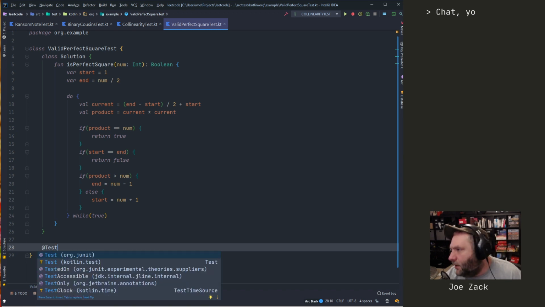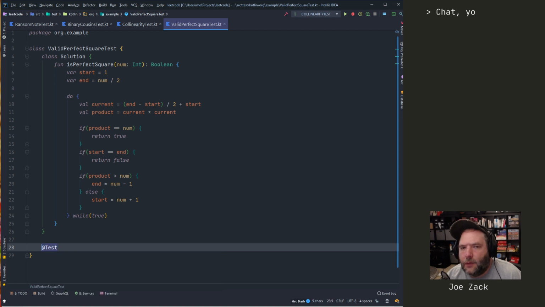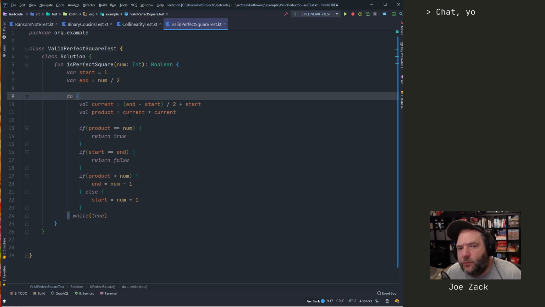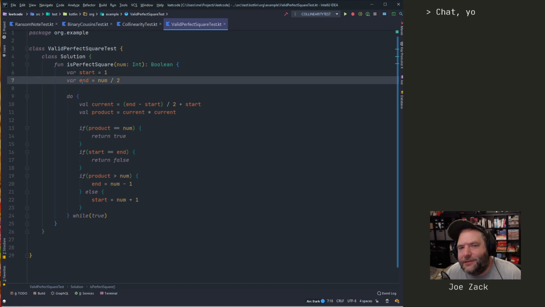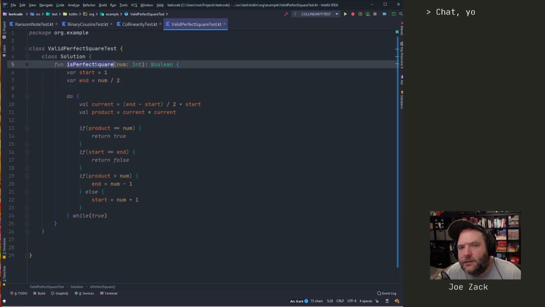Am I handling the number as 1 or 0? Definitely not 0. If I do 0, I'll probably have an infinite loop. Start is 1, end is 0. Yeah, that's bad. Is 1 a perfect square?